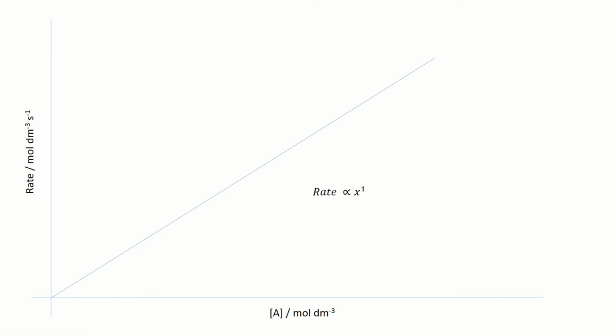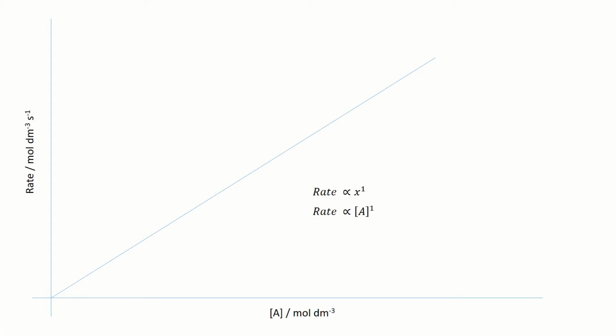So rate is proportional to whatever is on the x-axis raised to the power of 1, which means that, as the x-axis is the concentration of A, rate is proportional to the concentration of A raised to the power of 1. So where do we go from here? Well, as with any straight line, y equals mx plus c, but you'll notice that this goes through the origin because at a concentration of 0, there is no rate of reaction.